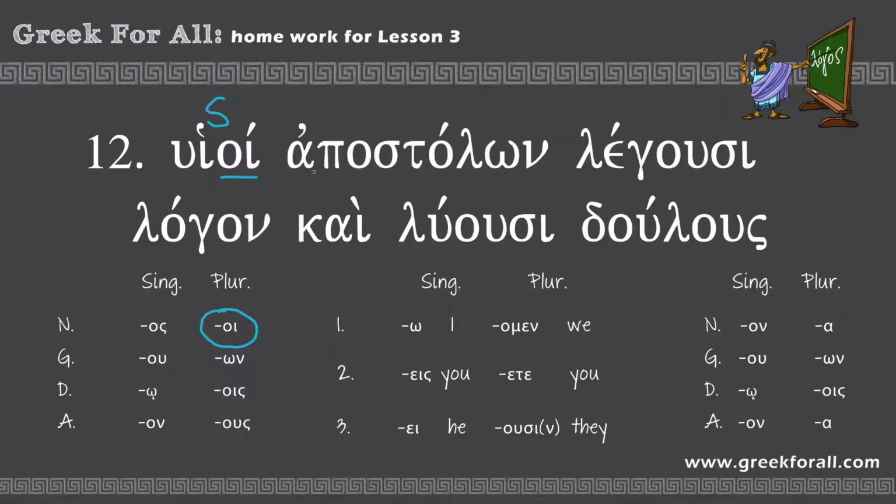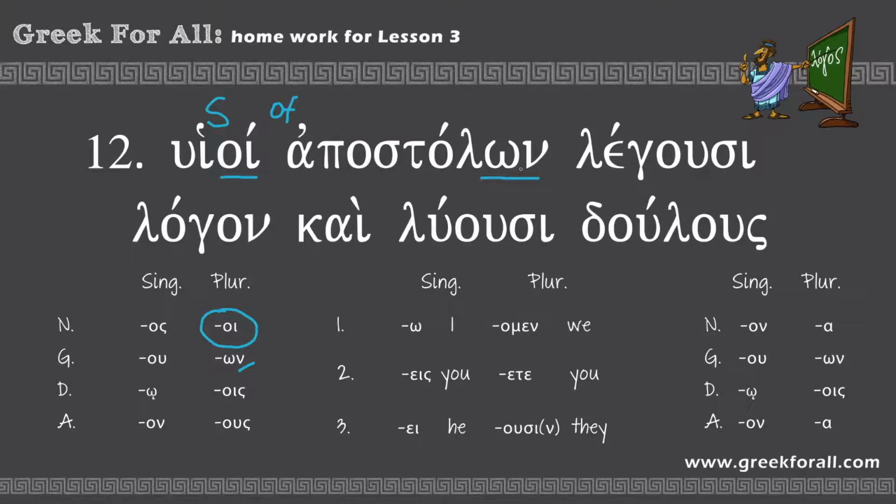Sons, and then the next word is apostolon. Apostolon has the ending on, which is the genitive plural, which tells us that this is the possessive case. We will need to insert of right here. So huioi apostolon we translate as sons of apostles.